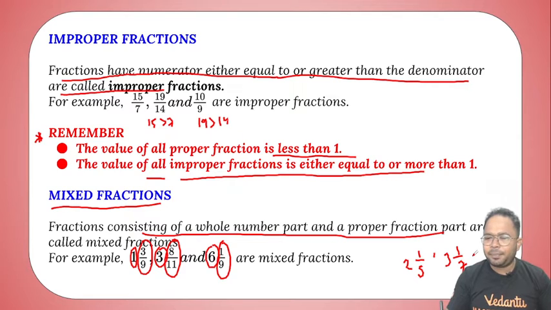Yes, it can be. If someone says 3 9 by 8, 7. No. Why no? Because 3 is whole, that is okay. But 9 by 7 is improper. We cannot write an improper fraction there.